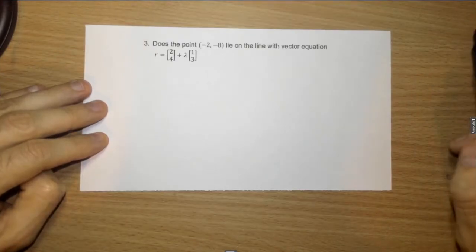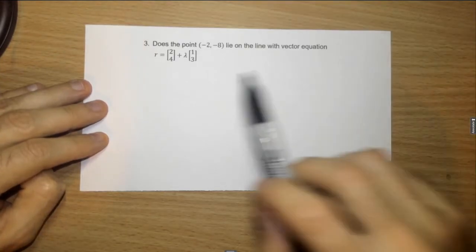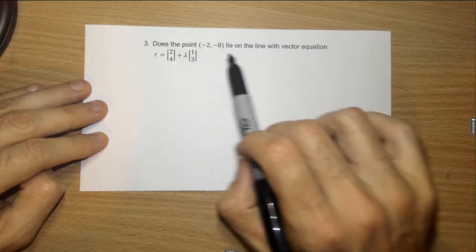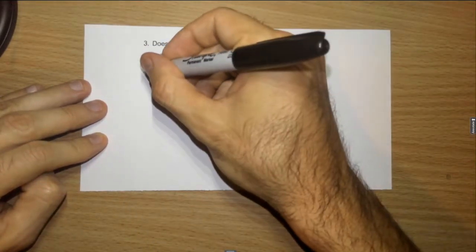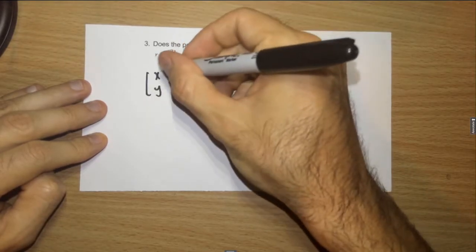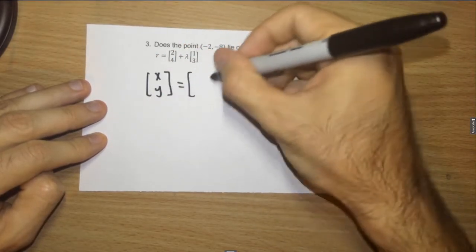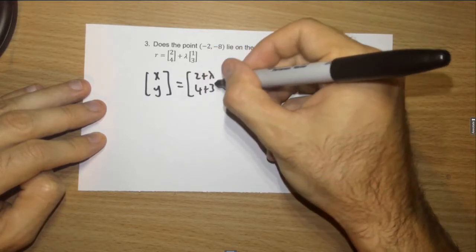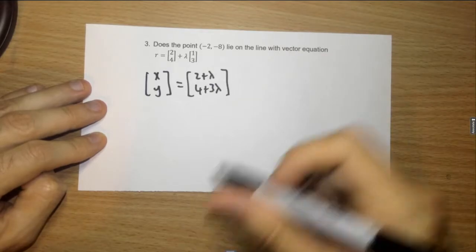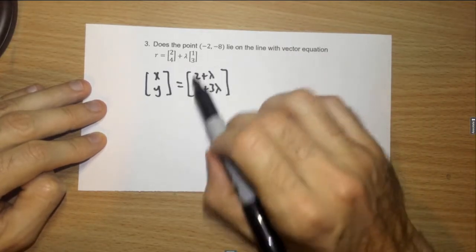Now the third question is just a little bit different to the other two. Now we're just trying to determine if a point is on the line. So we know that we can write r as an x, y coordinate. So we've got r equals x, y equals 2 plus lambda, and we have 4 plus 3 lambda. We want to know if this point lies on this line here.